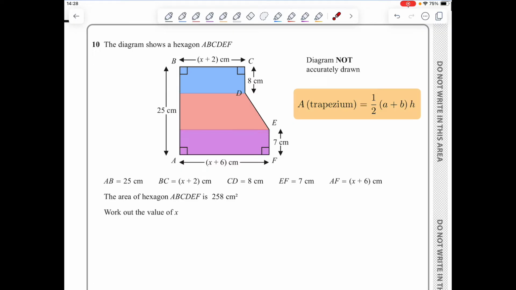The height of the trapezium is this height here, which is equal to 25 minus 7 minus 8, which is equal to 10 centimeters. So now I can write down an equation where the sum of the 3 areas is equal to 258.